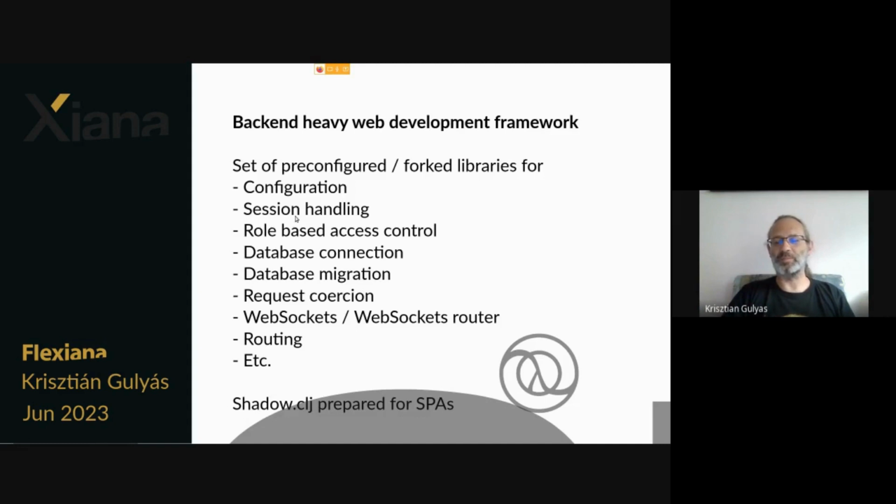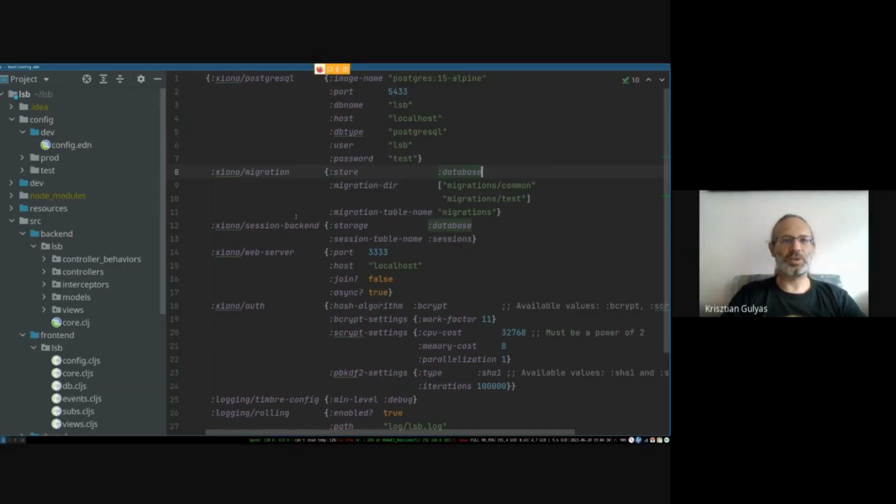It has a WebSocket router. We'll talk about the routing, and as I mentioned before, it contains a prepared single-page application too. Let me just jump into the code and show you what we get with our lein new xiana command.